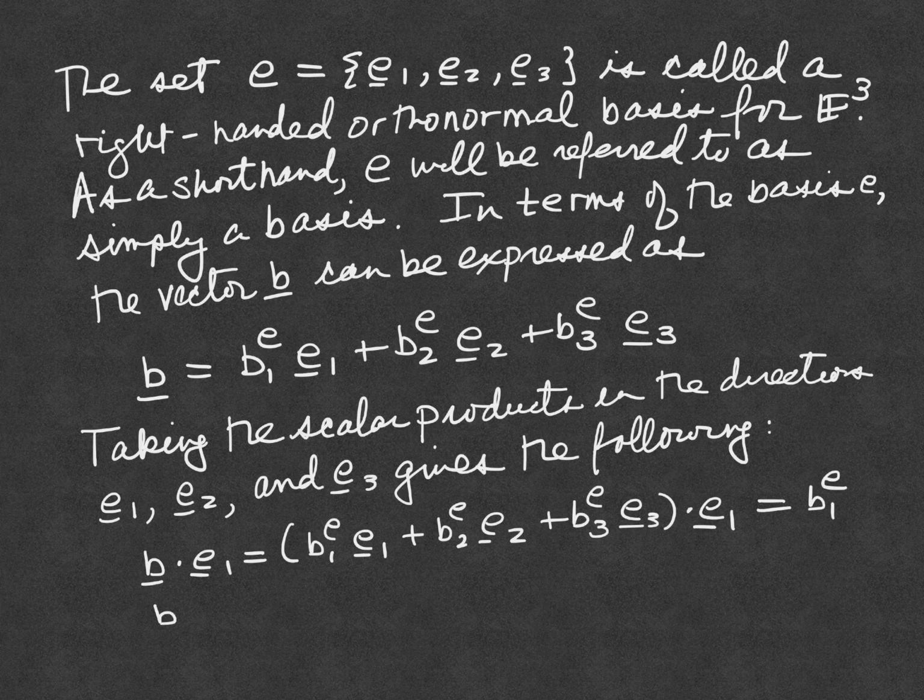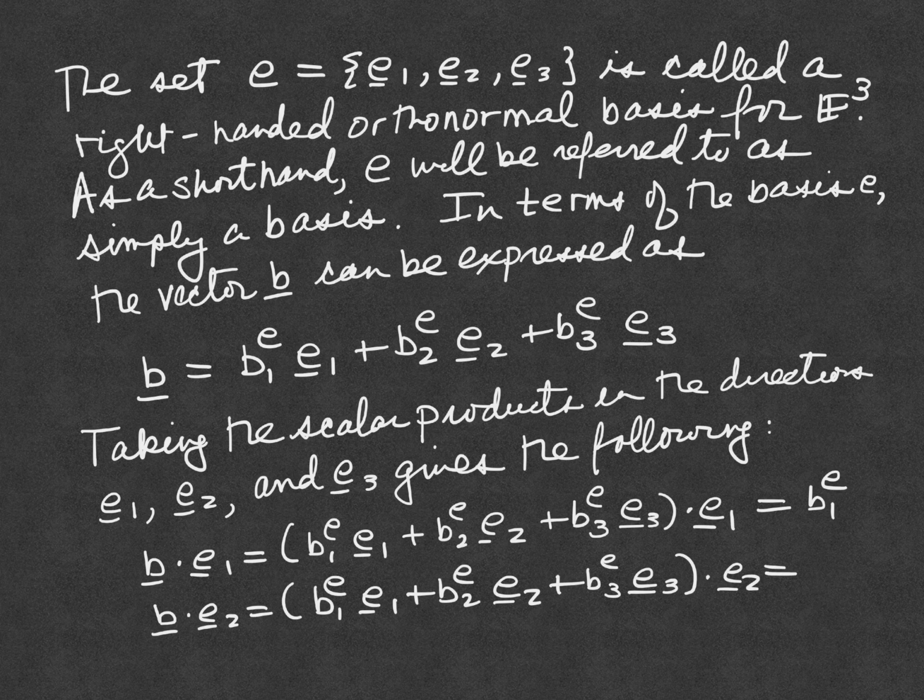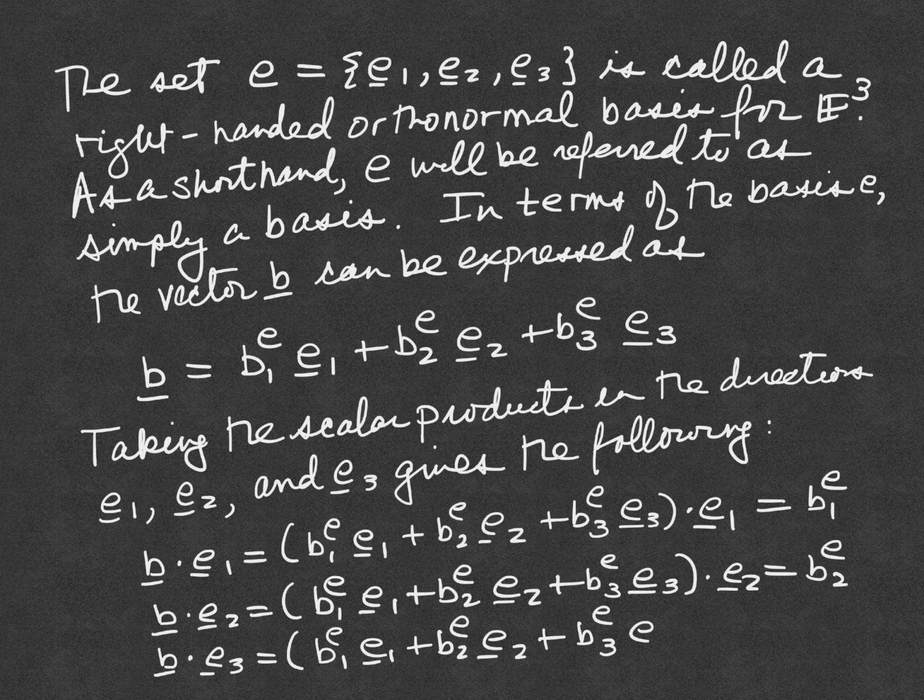And similarly, B dotted with E2 is equal to B1E E1 plus B2E E2 plus B3E E3 dotted with E2, which is equal to B2E, and then B dotted with E3 is equal to B1E E1 plus B2E E2 plus B3E E3 dotted with E3, which is equal to B3E.